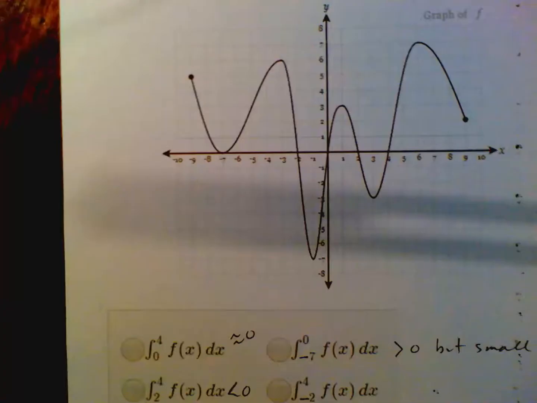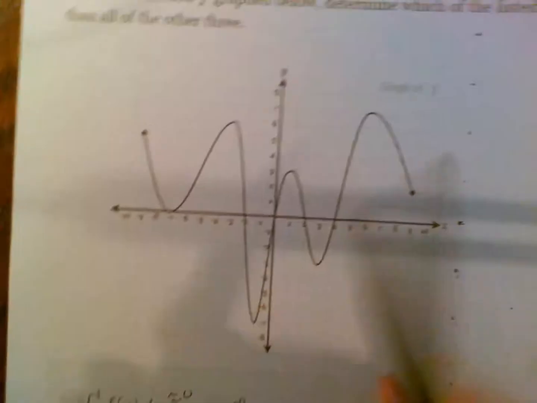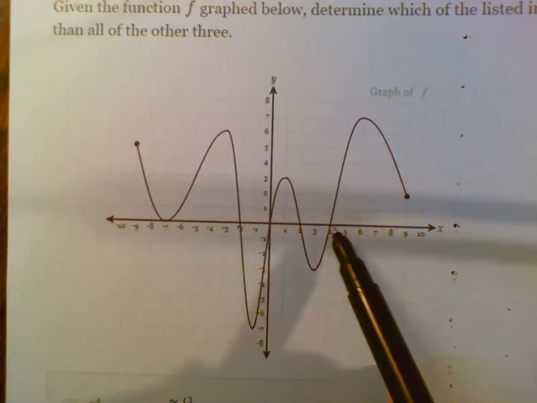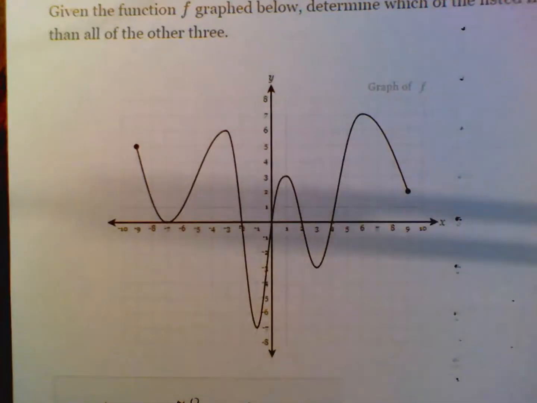From 2 to 4, that's totally negative. Now from -2 to 4, for sure that's negative because we've actually got 3 sections. Since this is the last one, let me draw.